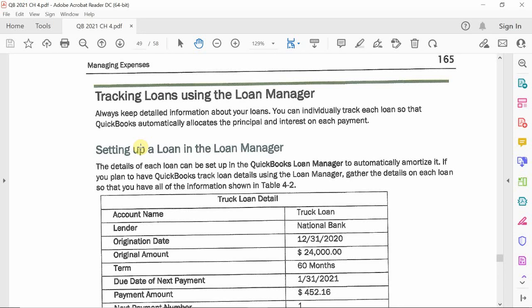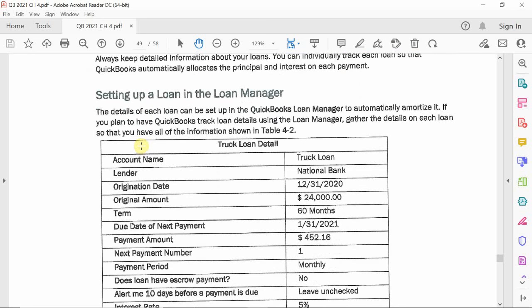And this is a feature that is only available for Premier. Okay? If you have Pro, you cannot do this. It's only for Premier and above. So let's take a look at this loan manager. How do we actually enter in the loan?